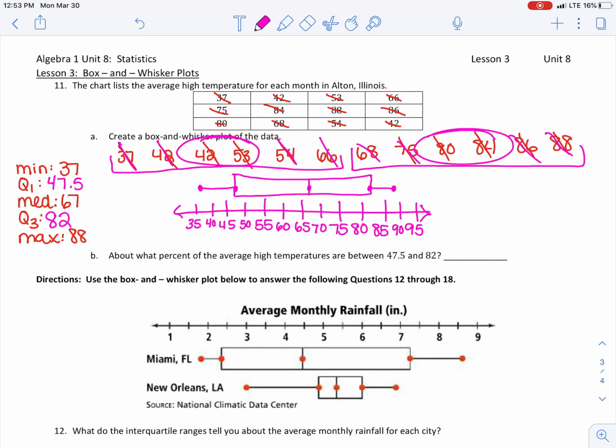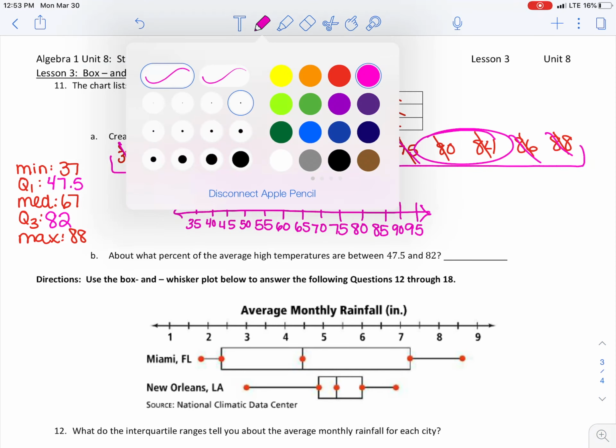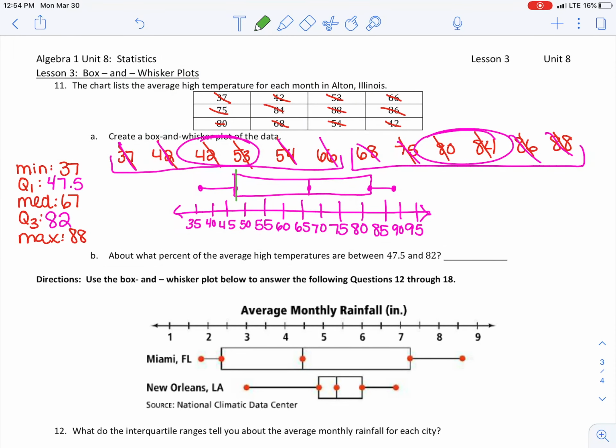It says, about what percent of the average high temperatures are between 47.5 and 82? So here you're looking at 47.5 to 82. So if each part is 25%, that means that we have 25% here and 25% here, which gives us a total of 50% of our data between those 2 points.